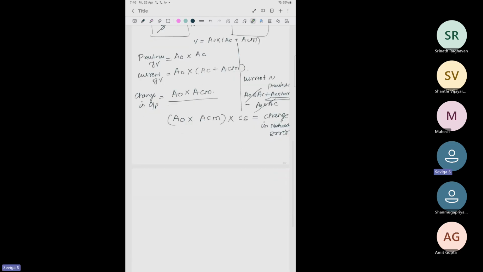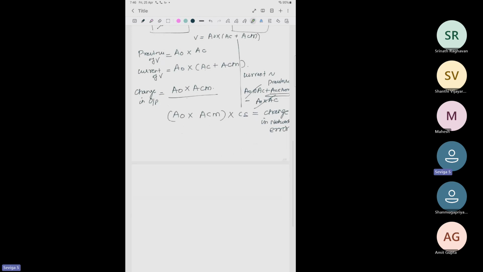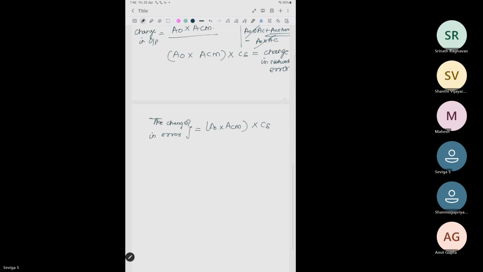So let us assume the weight ACM is going to be 1. What we have concluded is that the change in the network error is A naught into ACM into C delta. Now let us assume that we increase the weight by ACM.